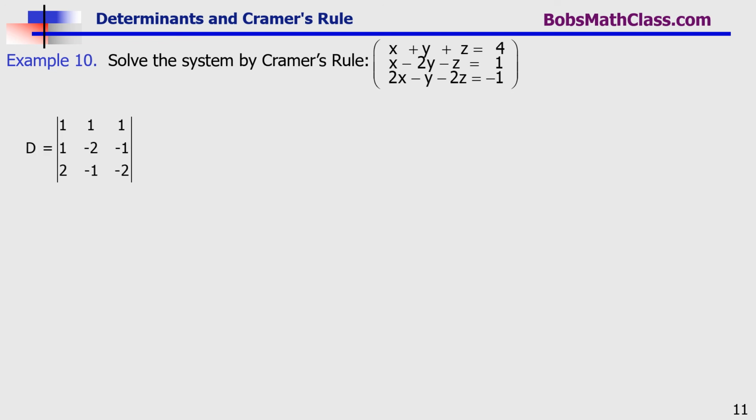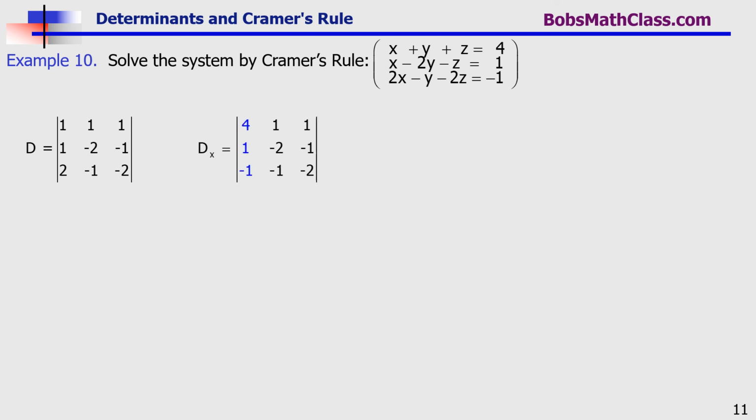So there's d, reading by columns: 1, 1, 2, 1, negative 2, negative 1, and the z column is 1, negative 1, negative 2. Now when we do dx, the 4, 1, negative 1 is going to replace the x column. And when we do dy, the 4, 1, negative 1 is going to replace the y column. And then when we do dz, it's going to replace the z column.